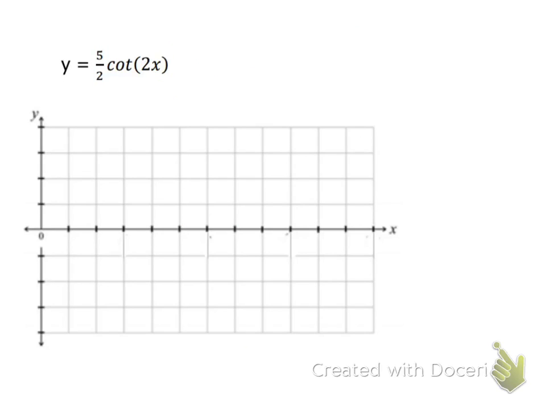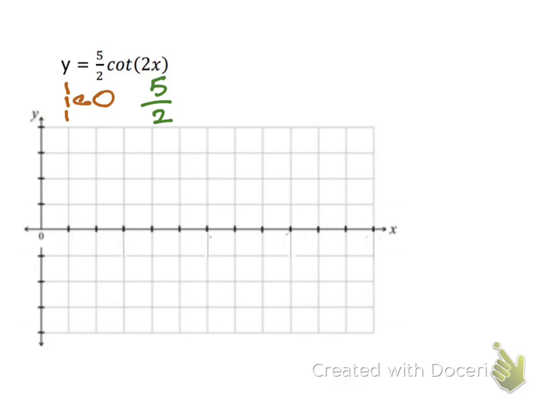Last one. 5/2 cotangent 2x. Cotangent starts with an asymptote at 0. We have a fake amplitude of, as I write a 1, of 5/2.